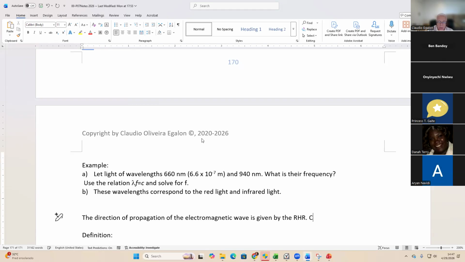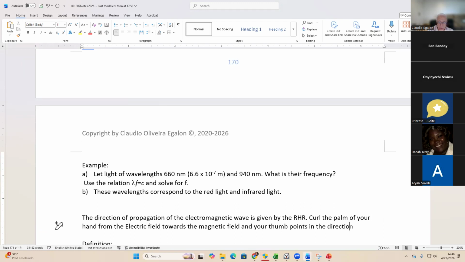Okay, curl the palm of your hand from the electric field towards the magnetic field, and your thumb points in the direction the wave is propagating. Okay, which is the direction of the Poynting vector.